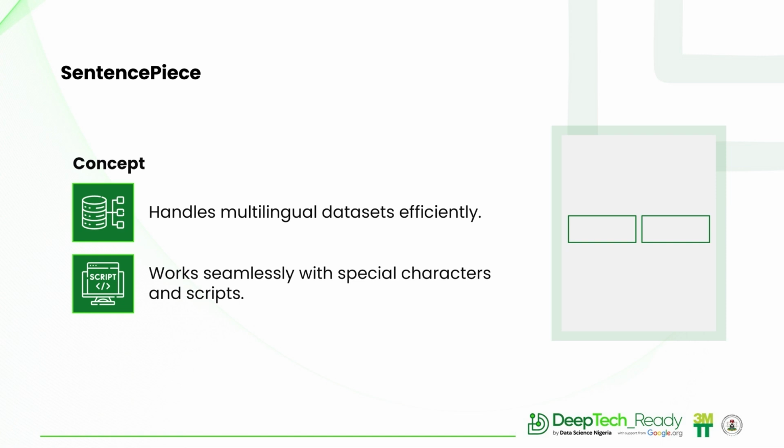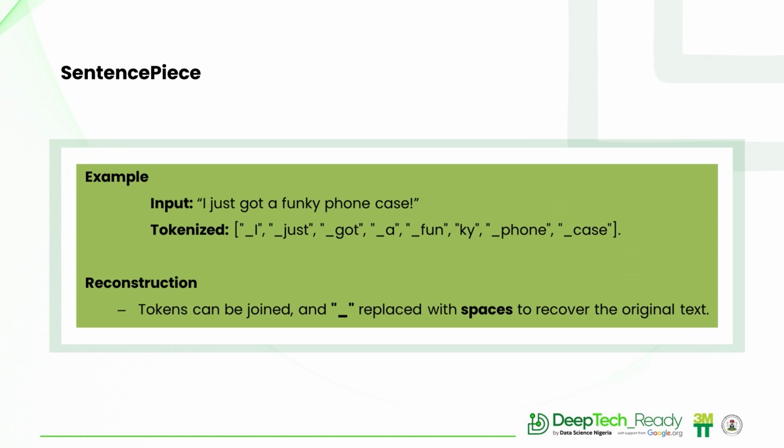In SentencePiece, the input, for example, "I just got a phone key from case," would be tokenized as follows. This underscore prefix is used to indicate the boundary of subwords. So basically it's showing that the words I and just are separate subwords.